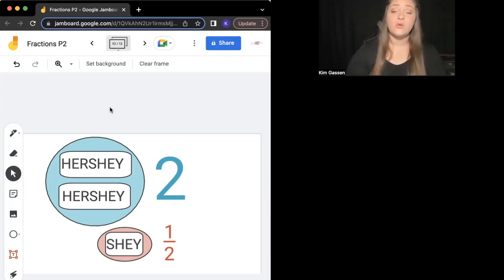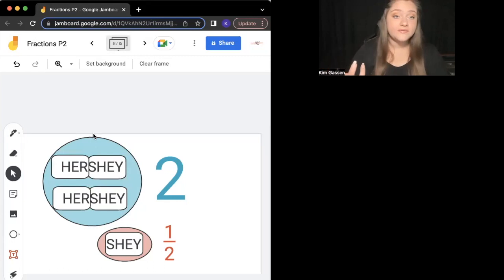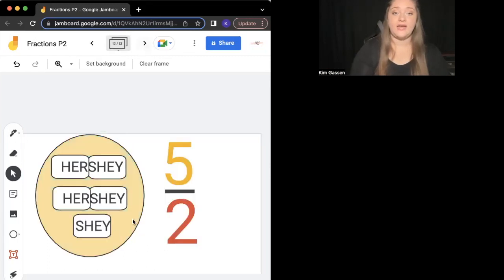So first, we're going to cut our whole candy bars into what size? Into halves, because that is what matches our denominator. So we cut bar number 1 in half and bar number 2 in half. Then we add all of our pieces together.